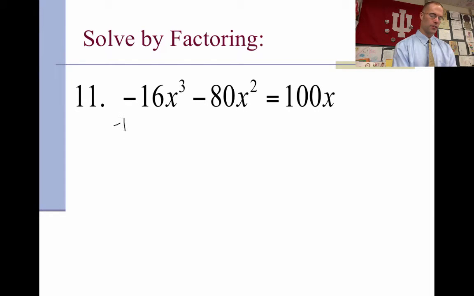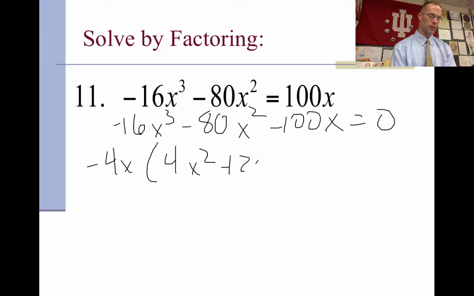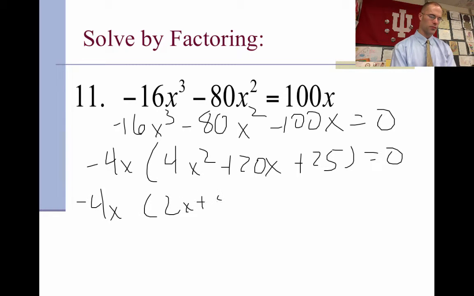Alright, let's get everything on the same side. So we got negative 16x cubed minus 80x squared minus 100x. And we can take out a GCF of negative 4x. So then we're left with 4x squared plus 20x plus 25. So then we got negative 4x, and then we've got a 2x plus 5 and a 2x plus 5.